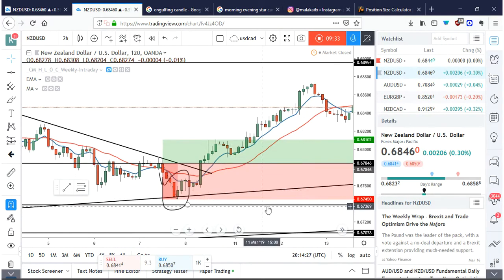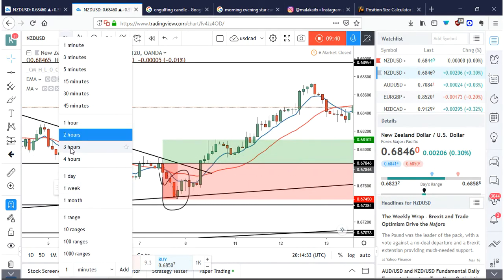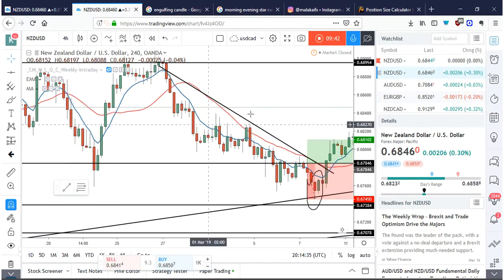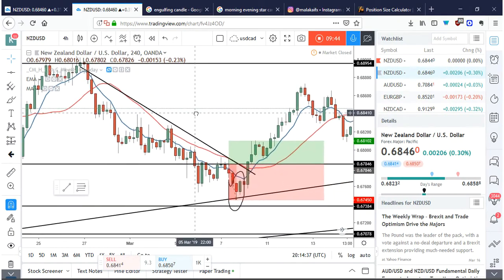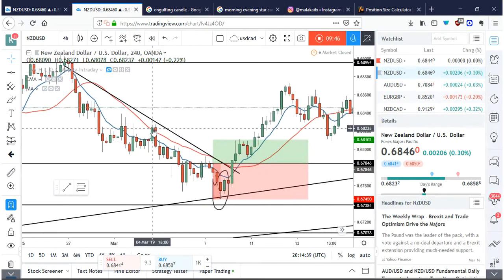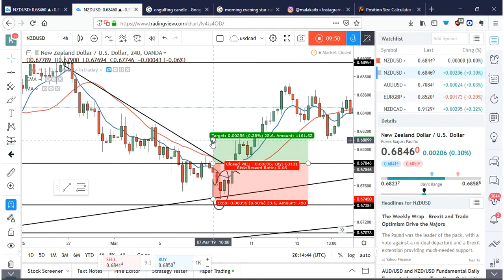So that's around about 8 pips. So 8 pips below the low, and then you're going to be targeting, if you go to the 4 hour or the daily, the higher high in the direction, the next higher high in the direction that the trade is going.